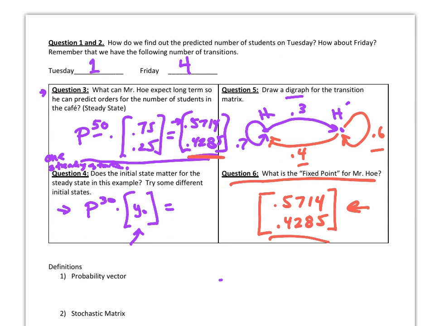Later on, we have to be careful because sometimes it's going to jump around and it depends what your initial state is too. But right now for these pretty simple ones, you are going to end up with one steady state, and that would also be what we would call our fixed point for this. I don't think fixed point is really terminology for Markov chains, but I really like the relationship between recursive formulas and that for us.